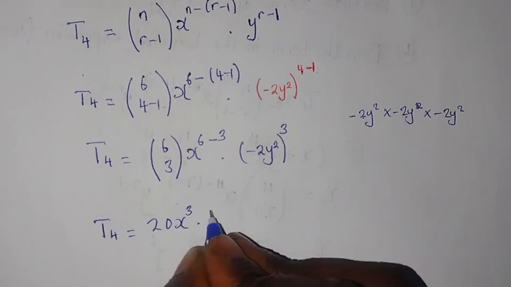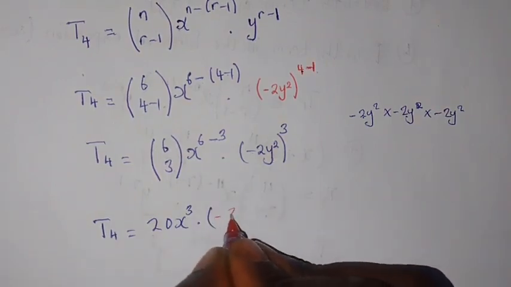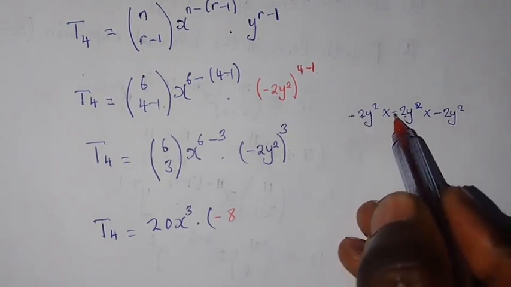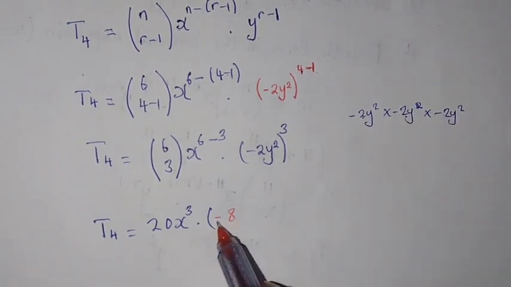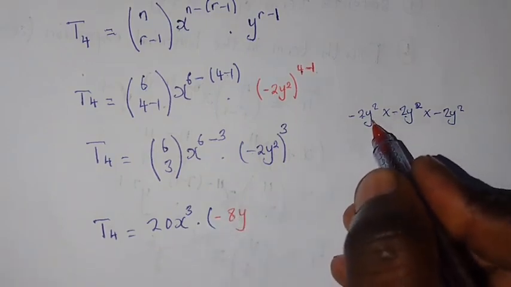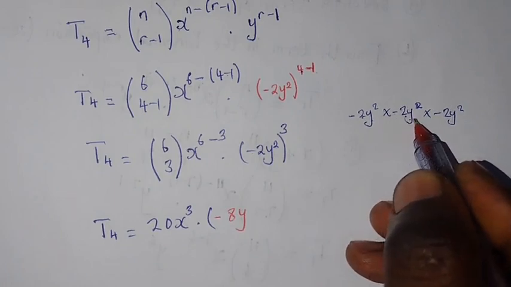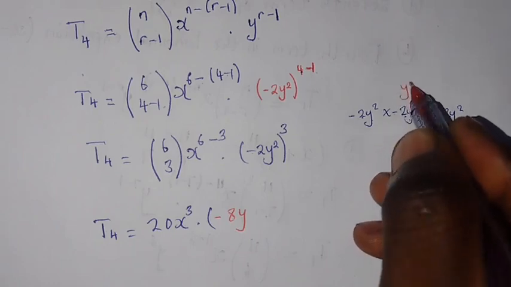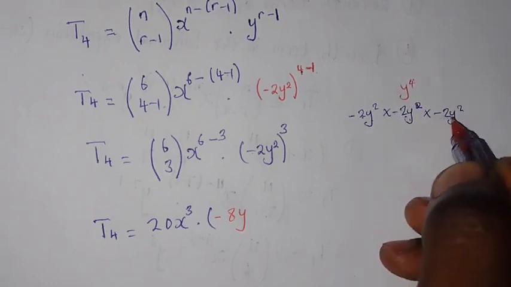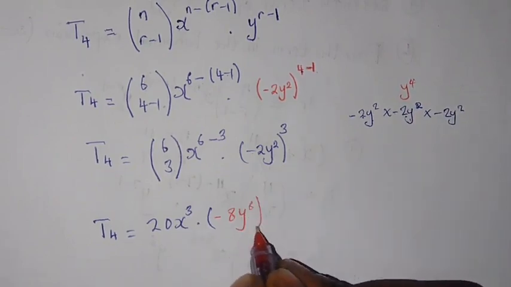So we are still going to put it in brackets. So we write negative 8, because negative, negative, positive, positive, negative, negative. So negative 8y. y squared times y squared is y power 4, y power 4 times y squared is going to be y power 6, like this.